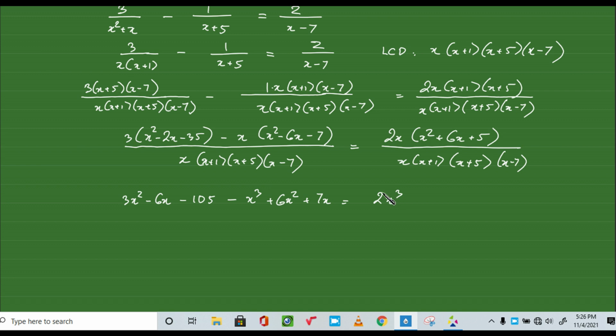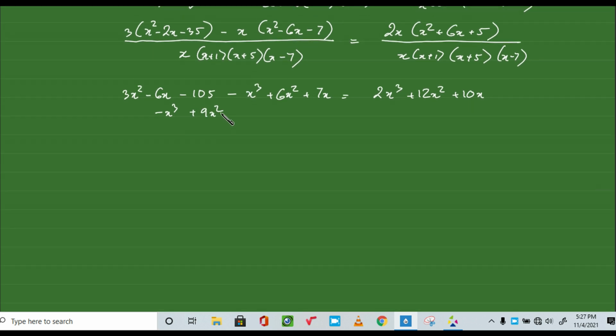I think, let's see, I just want to check if I'm missing anything. Alright, so we have 12x squared plus 10x. There you go. So let's combine like terms right here. I have 3x squared, give you negative x to the third plus 9x squared. Okay.